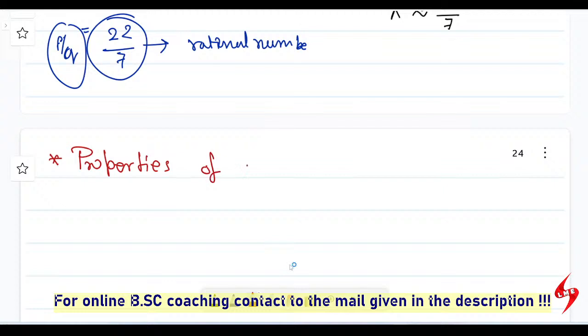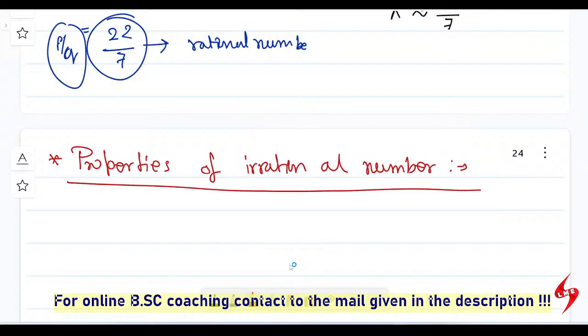Okay, next some properties. Properties of irrational numbers. Okay, this is property number 1, that is irrational numbers satisfy the commutative, associative and distributive laws for addition and multiplication.